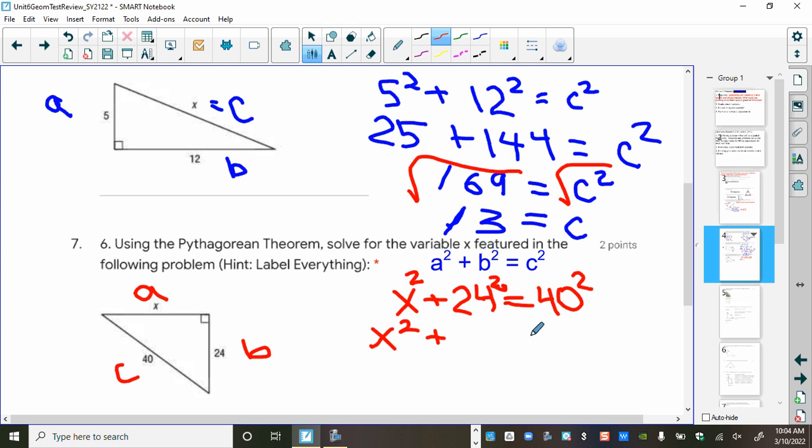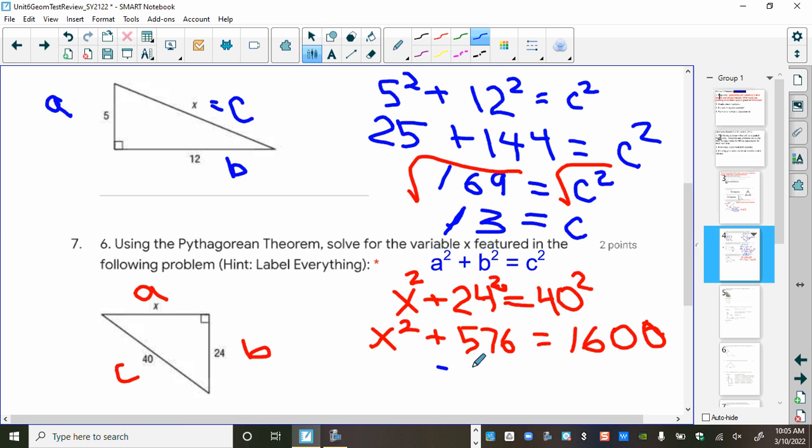Well, who can tell us what 24 squared is? Say it one more time, a little louder. It's 576. Well, that should be 1600. Now for this problem, what do we have to do?